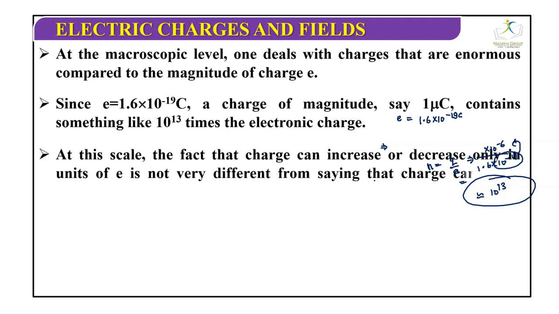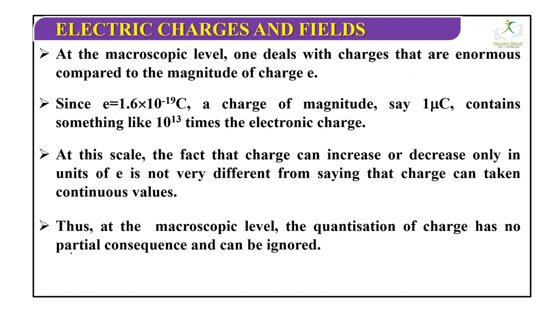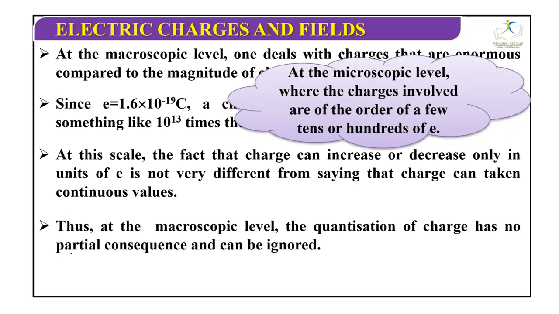At this scale, the charge can increase or decrease only in units of e, but the steps are so small that the charge can be taken as a continuous value also. Thus, at the macroscopic level, the quantization of charge has no practical consequence and can be ignored.